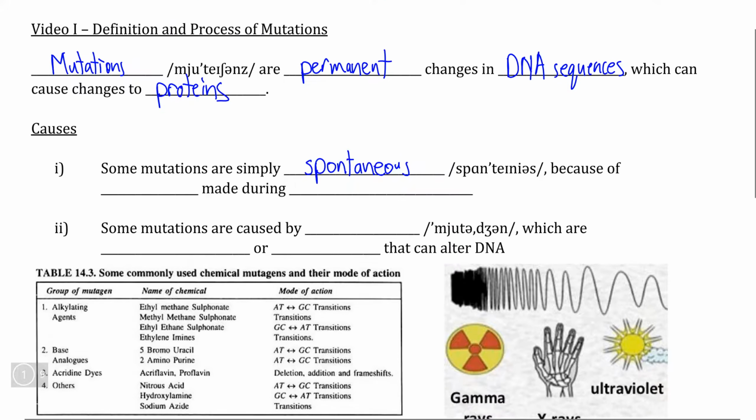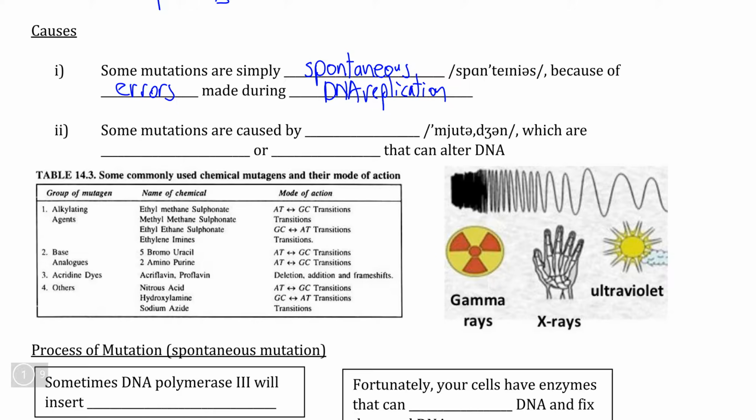Given that a mutation is simply a change to the base pair sequence in DNA, a lot of the time mutations simply occur because DNA polymerase 1 and DNA polymerase 3 make errors when they are undergoing DNA replication, meaning that when DNA is duplicated, sometimes a DNA polymerase molecule will put in the wrong base when copying DNA, resulting potentially in a permanent change that occurs to DNA.